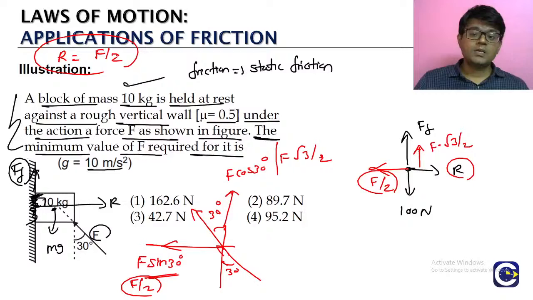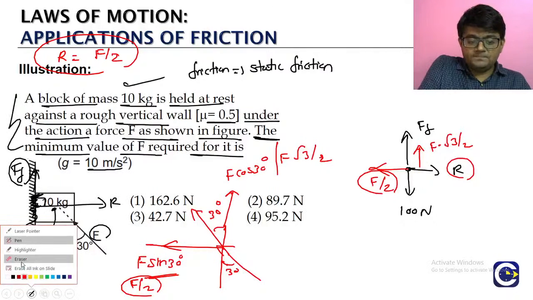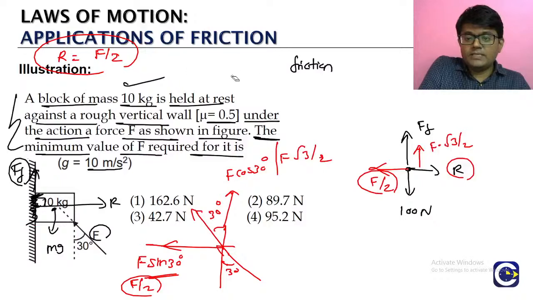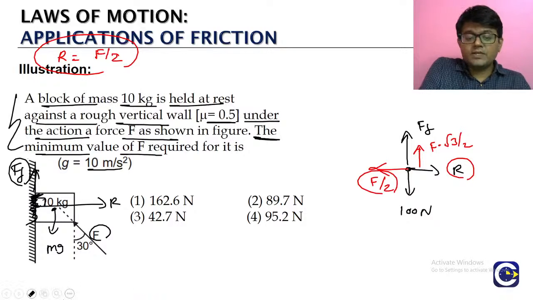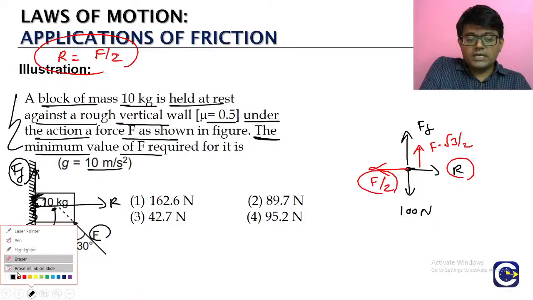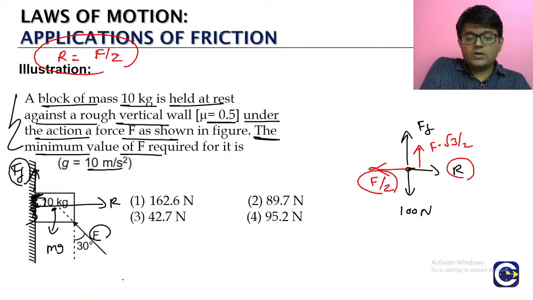Now once you know the normal reaction, we will be able to find the limiting value of the static friction. So I am just erasing this part. What will be the limiting value of the static friction? That is mu into the normal reaction.